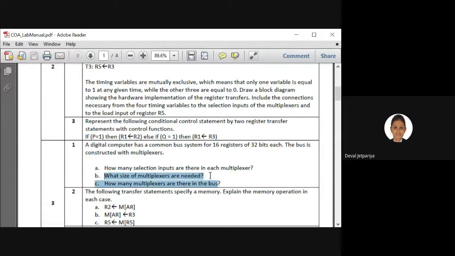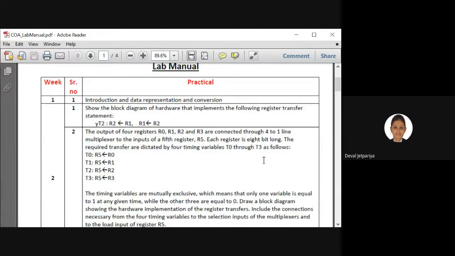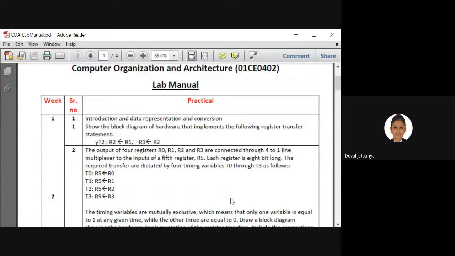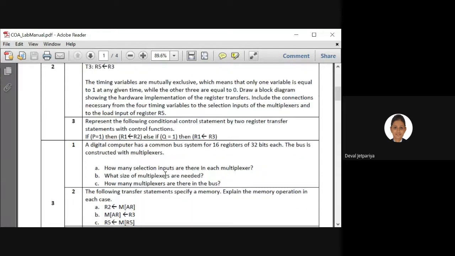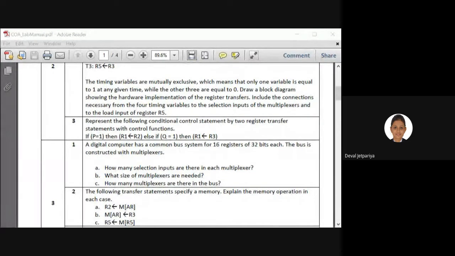Now, what is the size of the multiplexer needed? It is also very relevant and easy. Whatever the number of input registers, that many lines we need to connect with the multiplexer. Suppose here there are 4 registers, so we require a 4 cross 1 multiplexer. Here we require 16 registers to be connected.